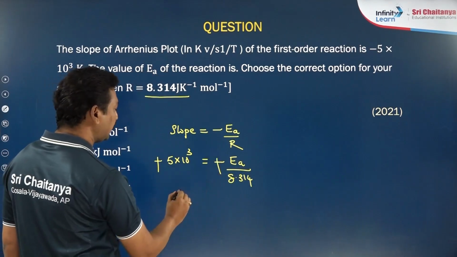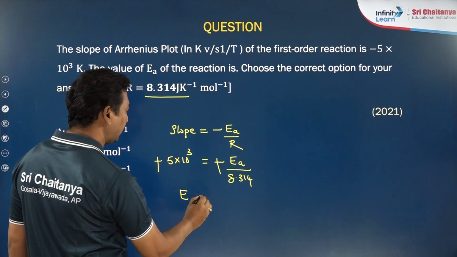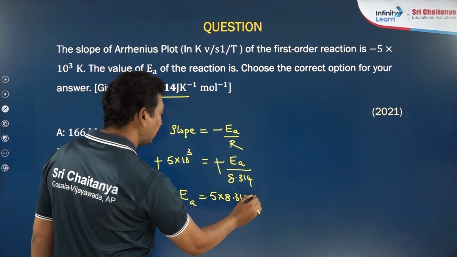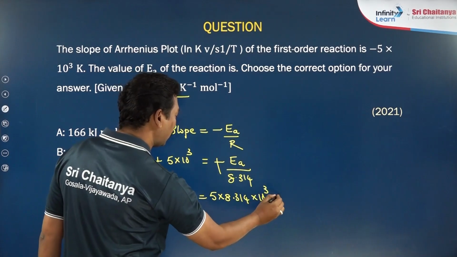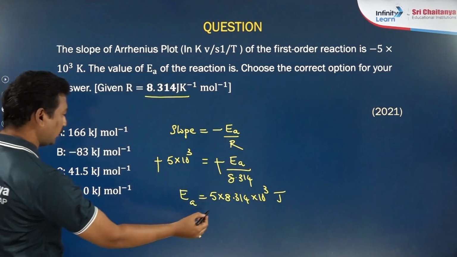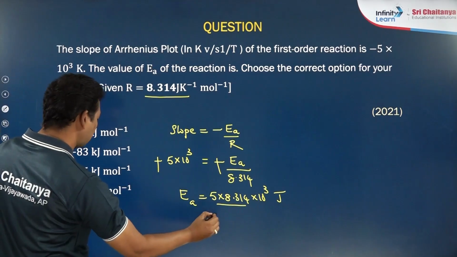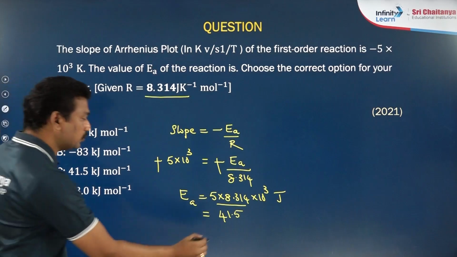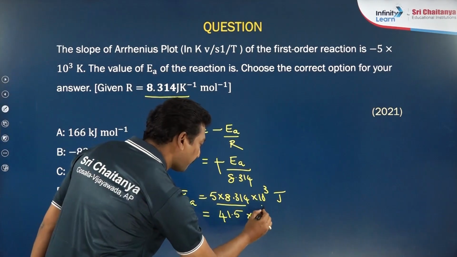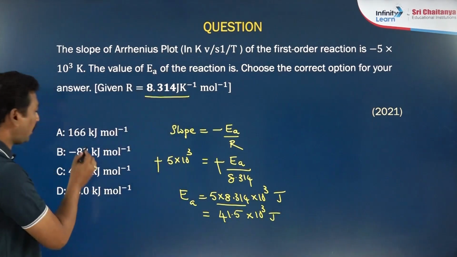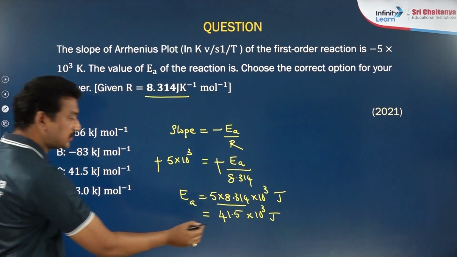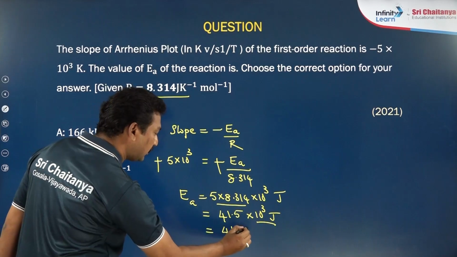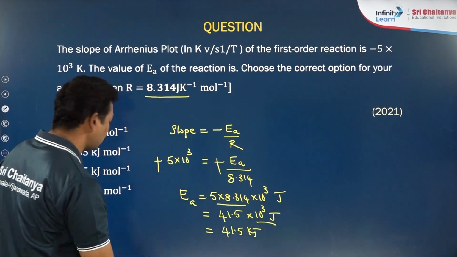Minus will be cancelled. So the activation energy will be 5 into 8.314 into 10 cube joule per mole per Kelvin. And this value is approximately 41.5 into 10 cube joules. But all options are given in kilojoules, so 10 cube joules is 1 kilojoule. 41.5 kilojoules per mole.